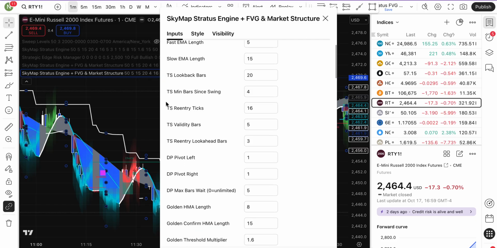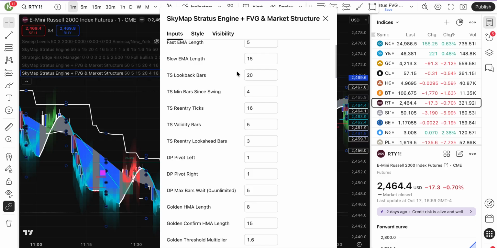This part, these TS settings, all have to do with the turtle soup setup that we're using for the Willy soup bonus signal plots. So if you know anything about turtle soup, general rules are 20 look back period.